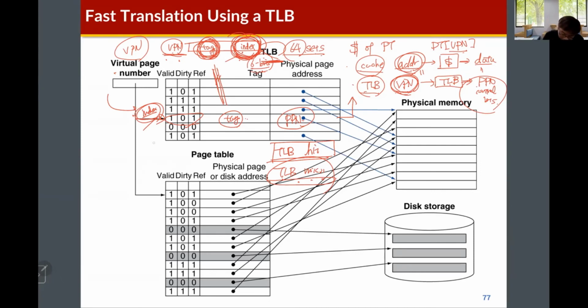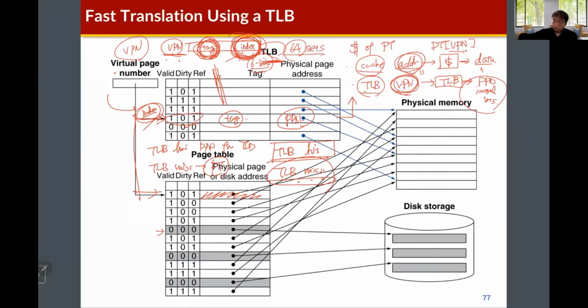So on a TLB hit, we can get the PPN from the TLB, and for the TLB miss, we need to access the page table. When the page table is accessed, the requested page may be found in the main memory. It is because the size of the virtual memory space is larger than the size of the physical memory space.